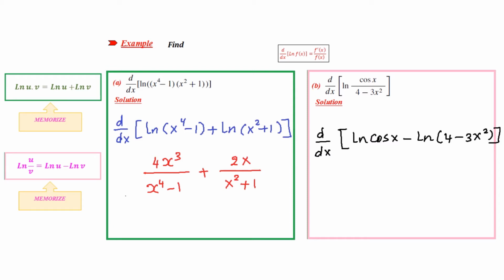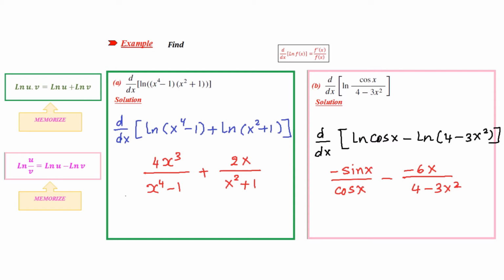Now you can start finding the derivative. For the first one, you use this rule: the derivative of ln equals the derivative of the inside function divided by the inside function. So what is the derivative of cosine? It is negative sine x divided by the inner function cosine x. This is for the first function, minus the derivative of the inside function here, negative 6x, divided by the inner function 4 minus 3x squared.